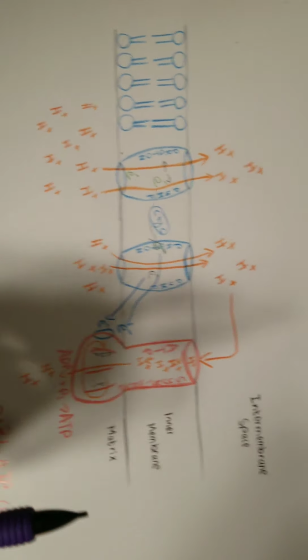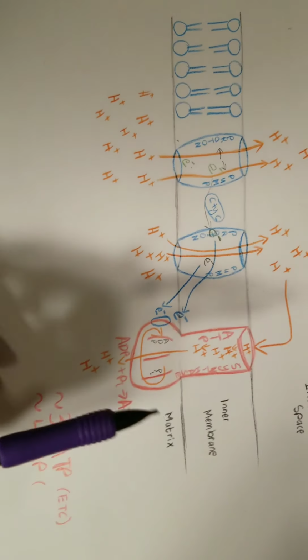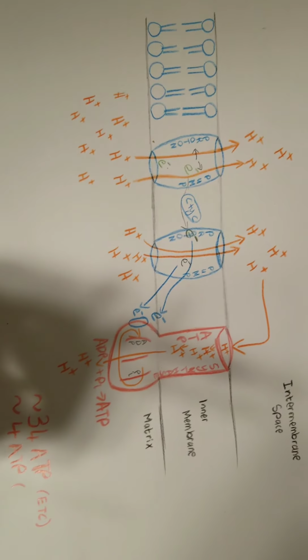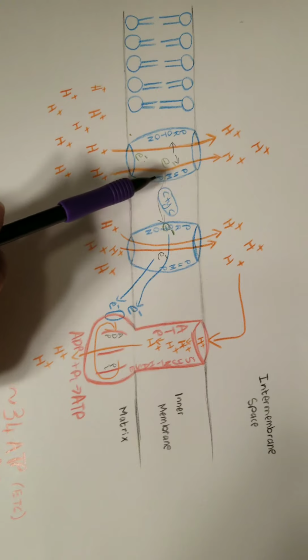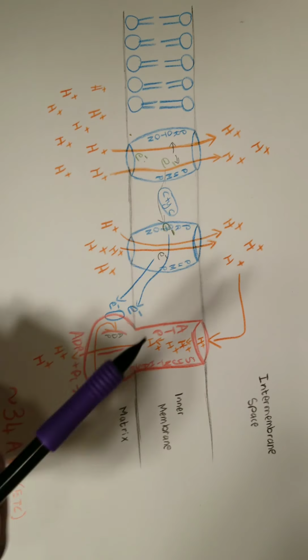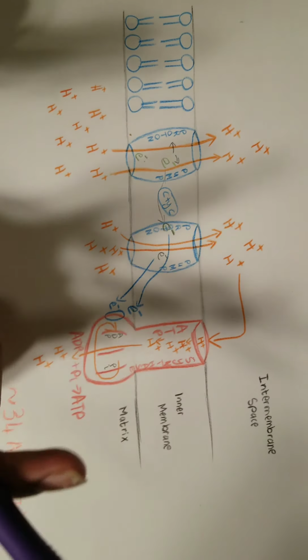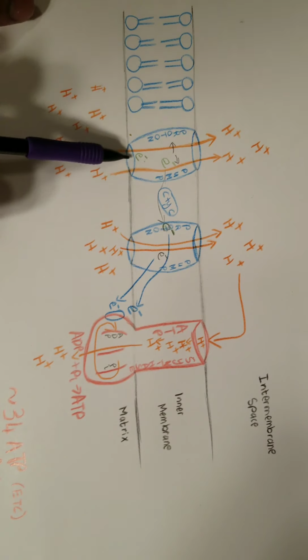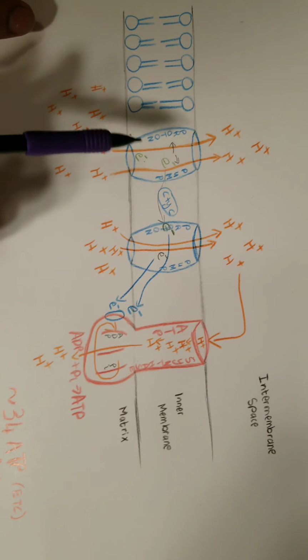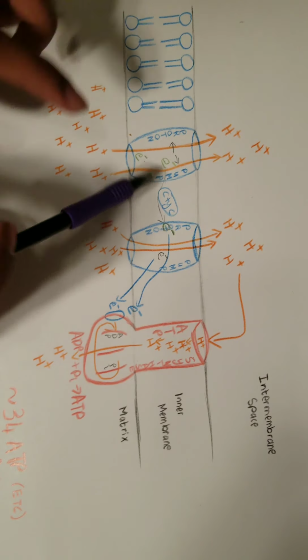Remember, we broke the glucose in the glycolysis step right here. So those electrons, which carry free energy, are going to come into play, and they're going to go inside the proton pump. What it's going to do is open the doors, basically. When the electrons go in, they're going to open it.